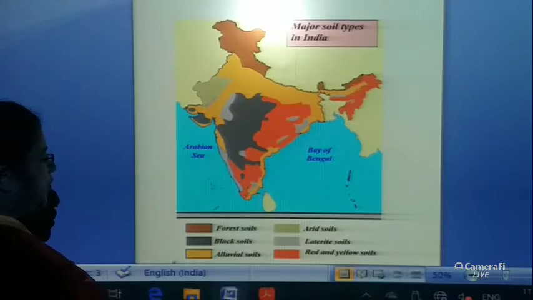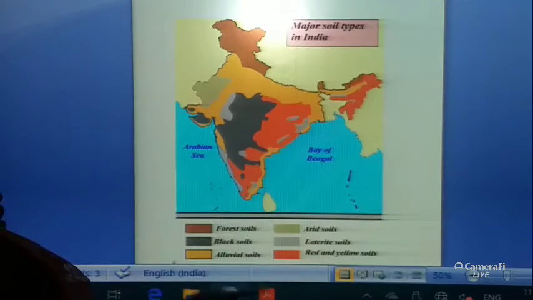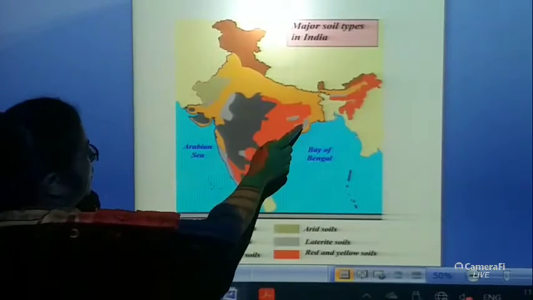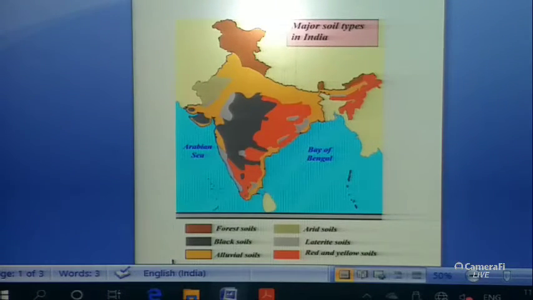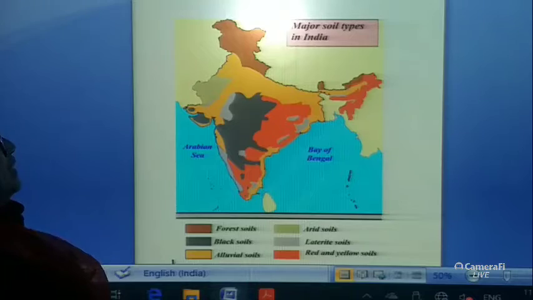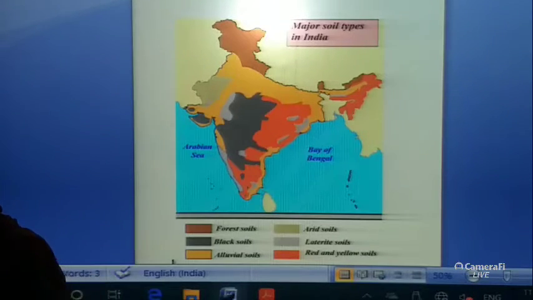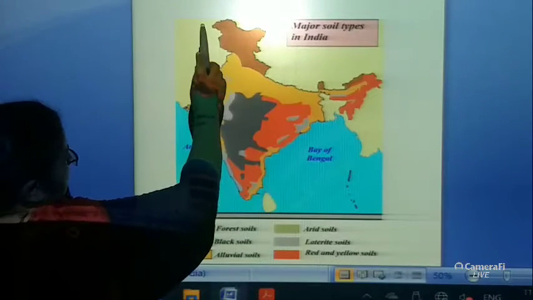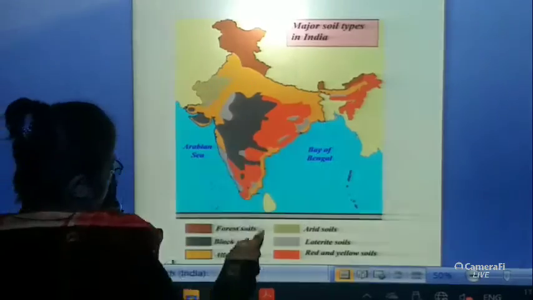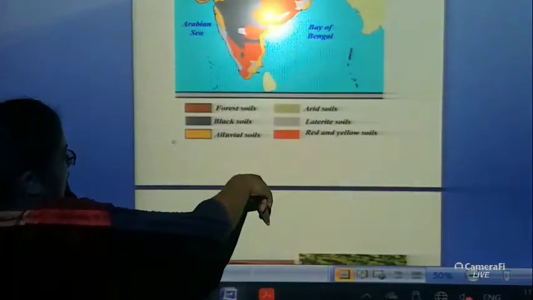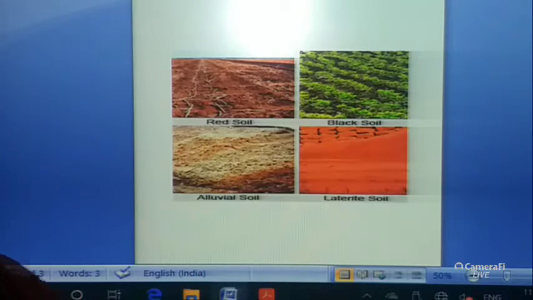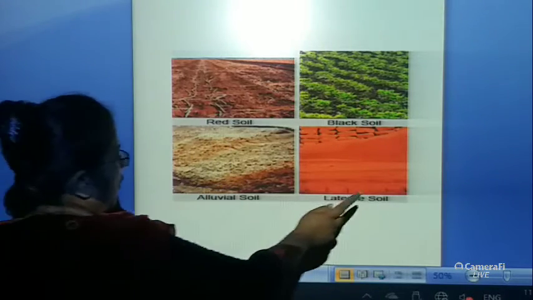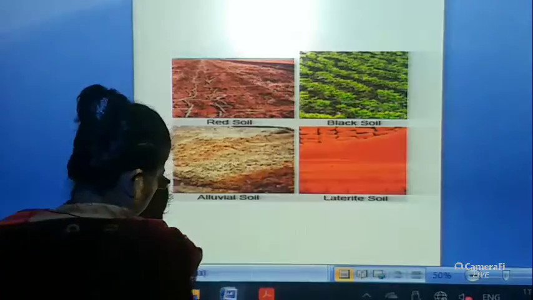This is the desert soil or the arid soil, and this deep yellowish in color is the alluvium soil, which is the most fertile soil for agriculture. Okay, and this is the mountain soil or the forest soil. Now let us see how it looks like. The red soil, alluvial soil, laterite soil and black soil.